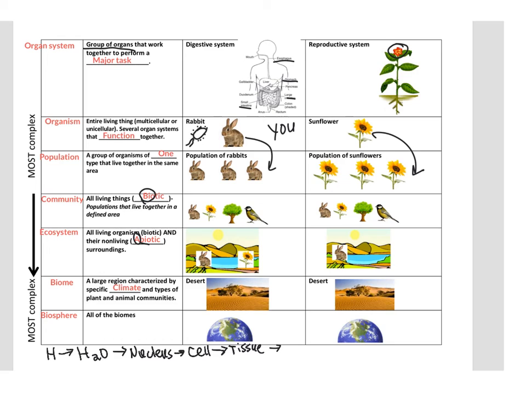Different tissues make up an organ. Different organs that perform a major task form an organ system. Many organ systems form an organism. Organisms of the same species that live in the same area form a population. For example, population of oaks or oak trees.